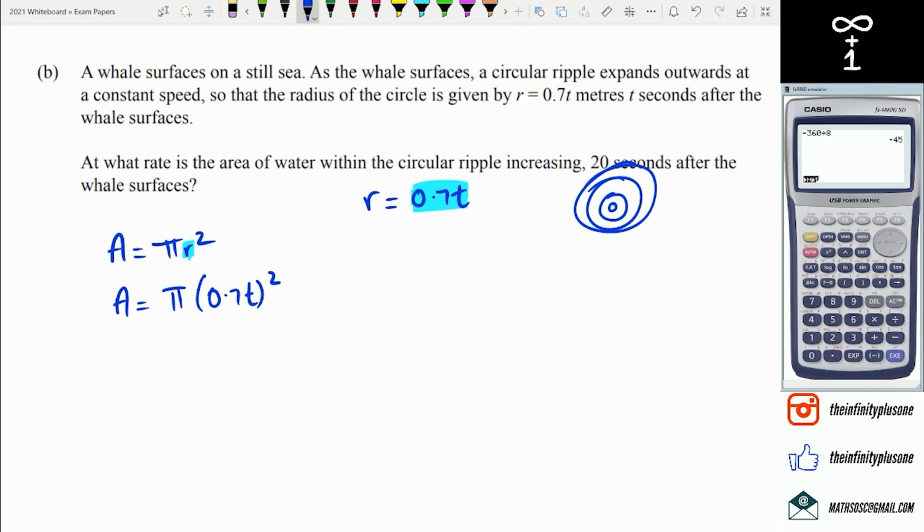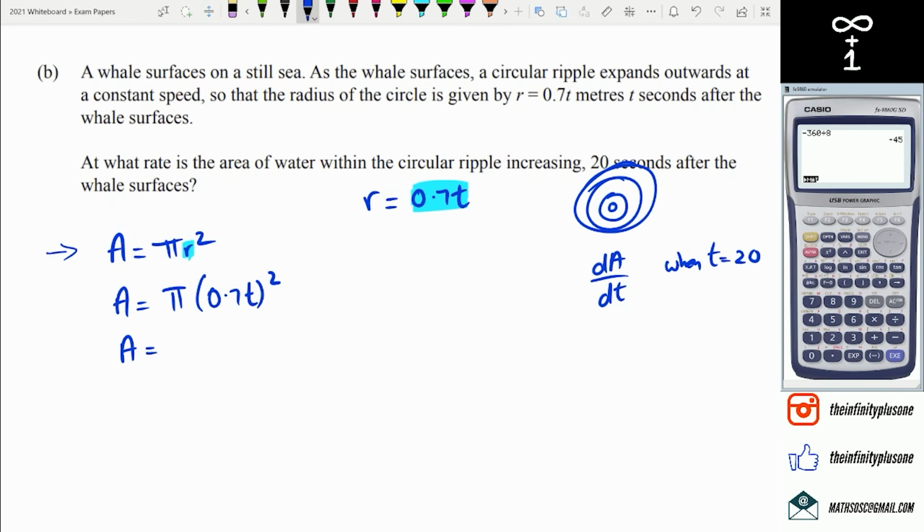Now, the reason is because remember, you can't just differentiate area with respect to r, because we are actually trying to figure out dA/dt when t is equal to 20 seconds. All right. So if you look at the first line, there is actually no t. So we need to get rid of that r and replace it with a t in there. That's why I did it 0.7 t squared.